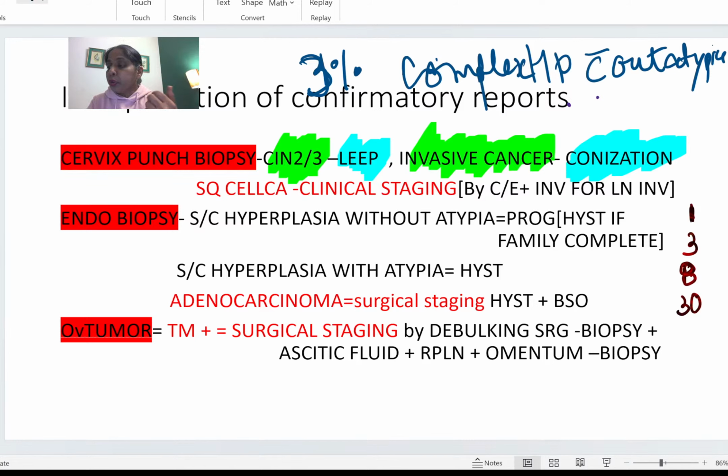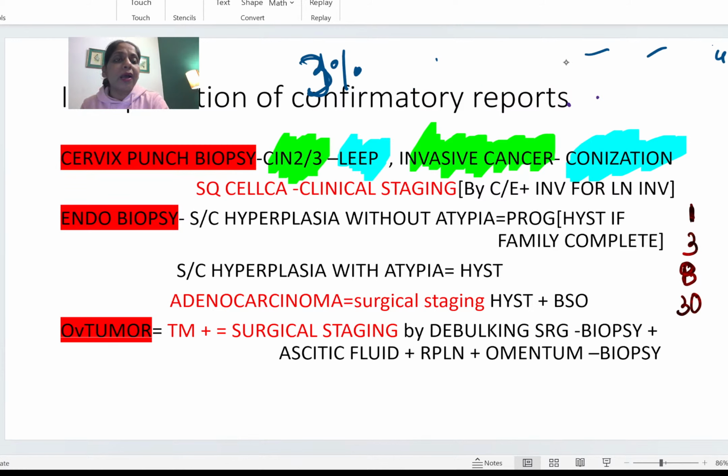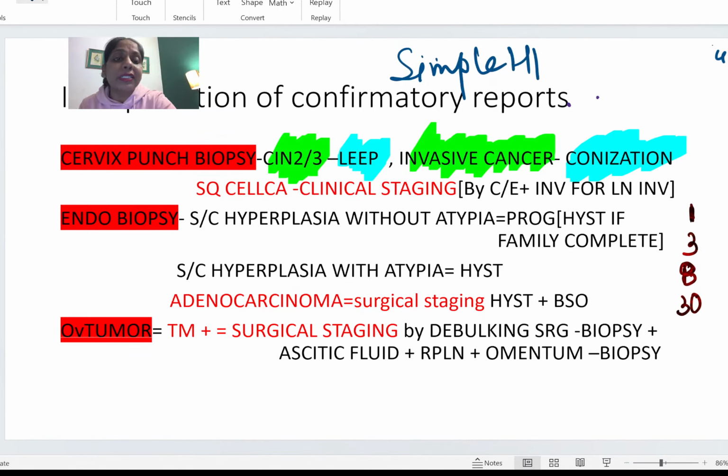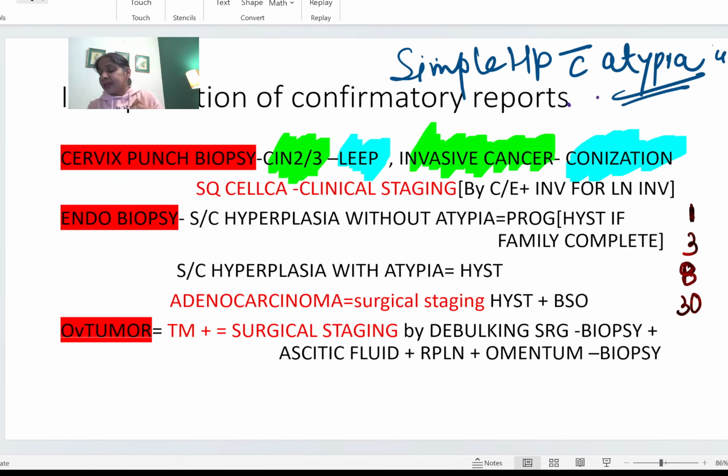Now you tell me what will be the next lesion. Next pre-malignant: simple hyperplasia with atypia. Now the hyperplasia was simple, but it was with atypia. As atypia is there, now the risk is 8 to 10%.